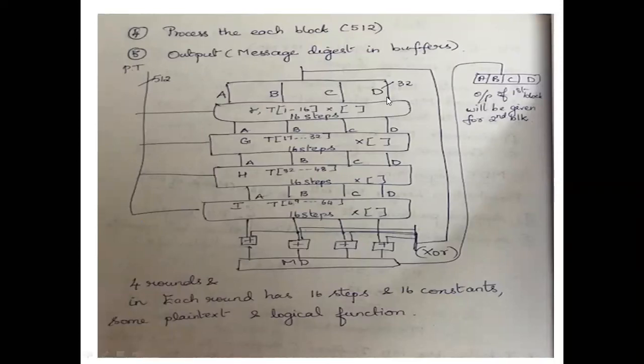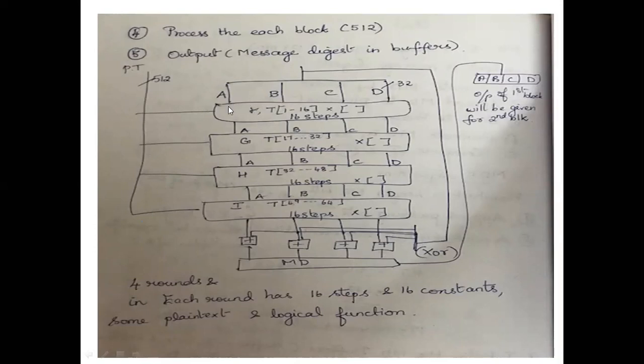Okay, so this is the diagram. Let's see the working. First you give an input, which is called the initial values of the buffer, or IV, which is nothing but initialization values that are given to all the 4 buffers. Then it takes 4 rounds: first round, second round, third round, fourth round.